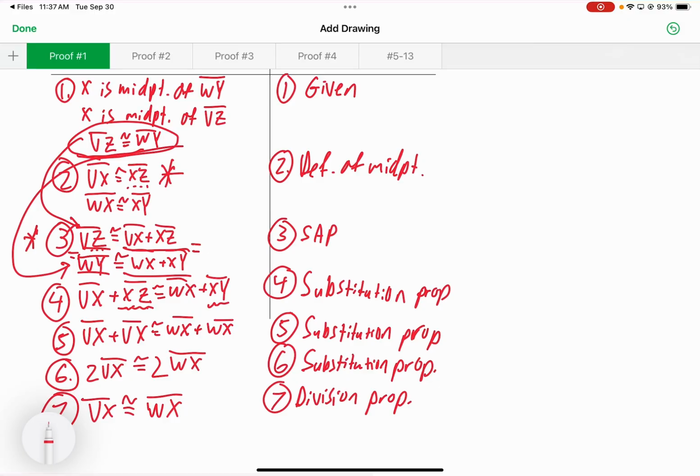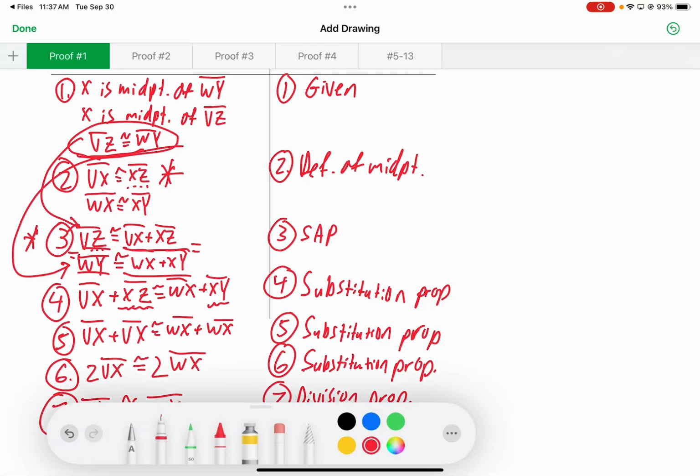I understand. Let me point, maybe? Sorry, Sam. Okay. These represent the big segments. I know that they're congruent to each other. It was given to me. I did segment addition postulate to show, like, hey, this big segment is these two segments added together. This big segment is these two segments added together.